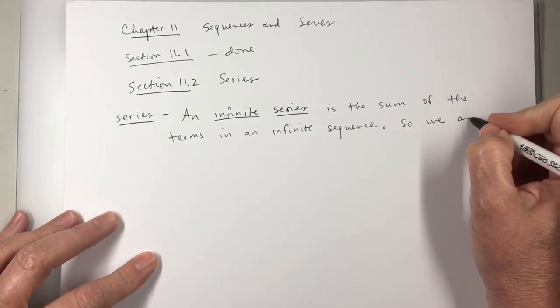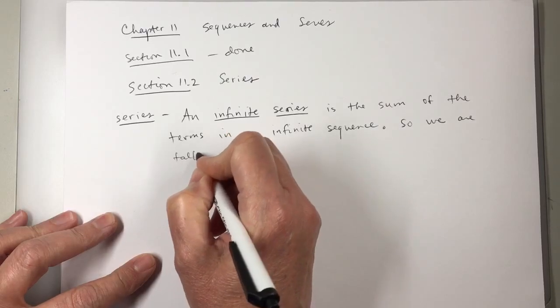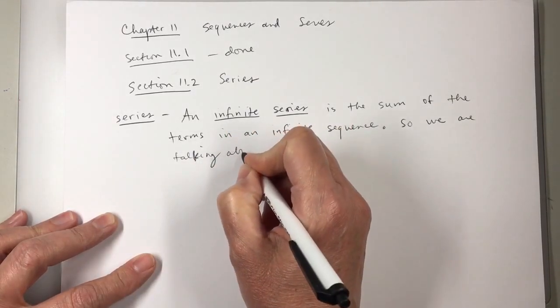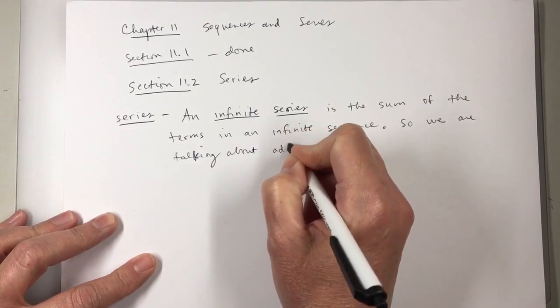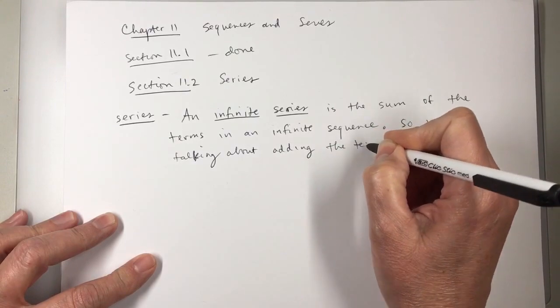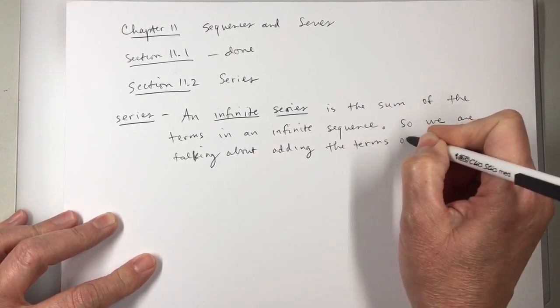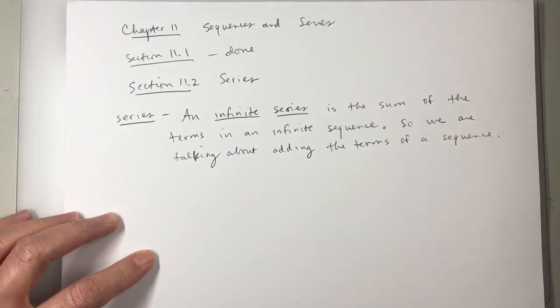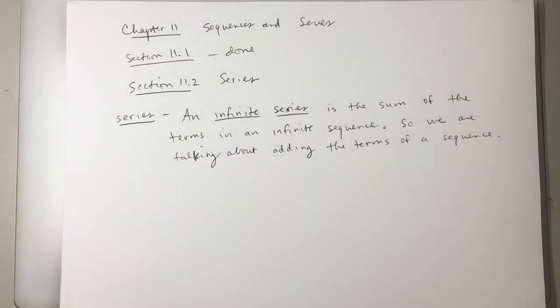So we are talking about adding the terms of a sequence. And a big part of this chapter is looking at something like that and determining if the sum converges or diverges.